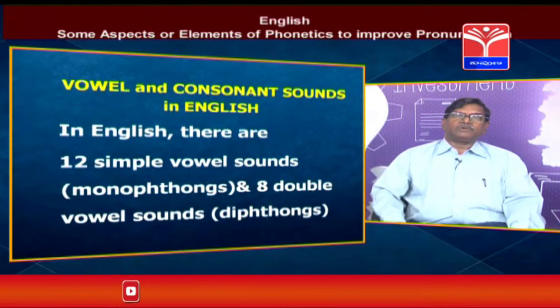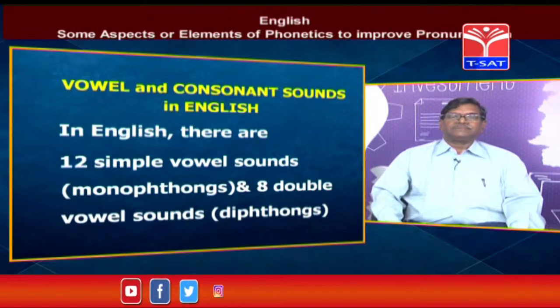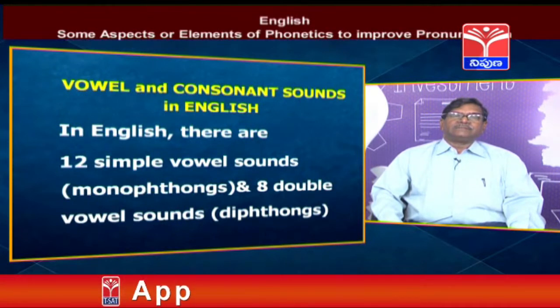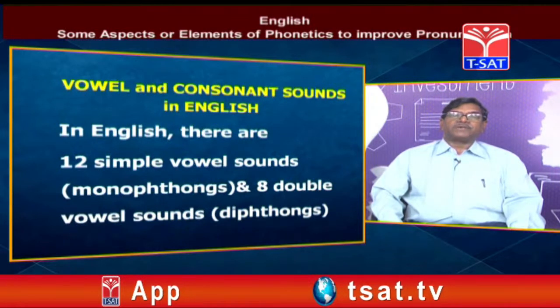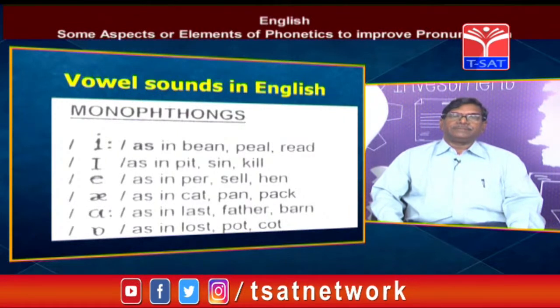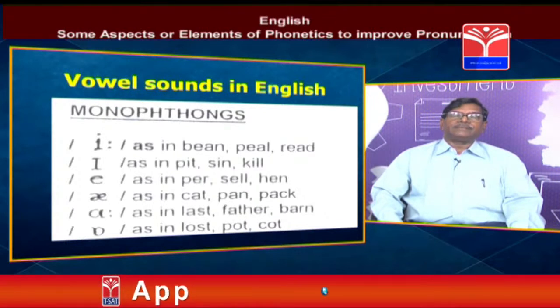Coming to the vowel sounds in English, here we can see the different symbols of the sounds. The sound E as in bean, peel, read. In all these cases, it is elongated E and it is represented by that symbol.